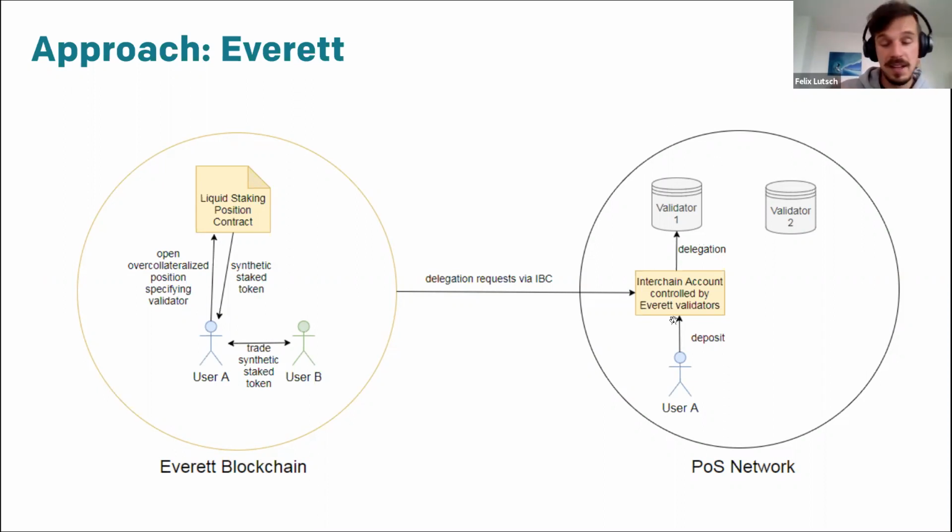And that synthetic stake token is assumed to be pegged to the underlying asset. It's still not entirely clear how this peg might hold, but because it's just one type of token, it is really fungible, very divisible, and it could get a lot of liquidity. So that's the interesting thing here.